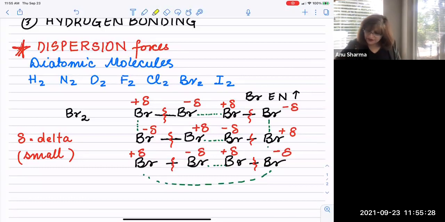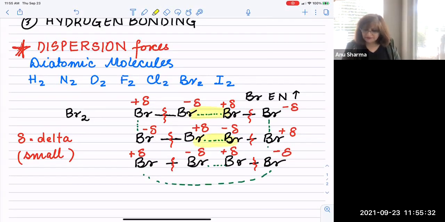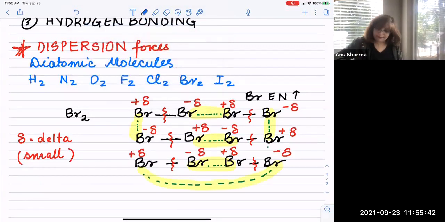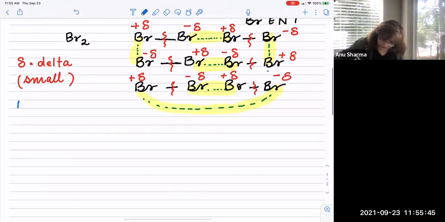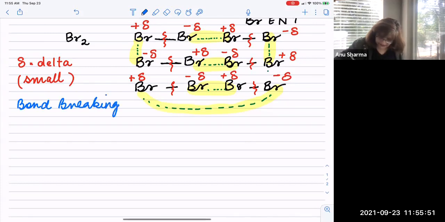Anytime a new bond is formed, the same story repeats. They break up, and these collect again. So bond breaking and bond making happens continuously.